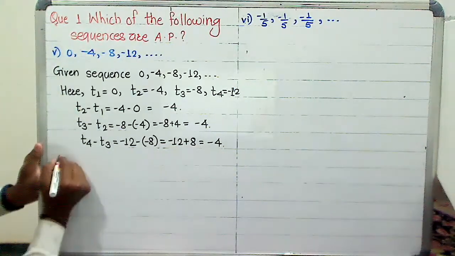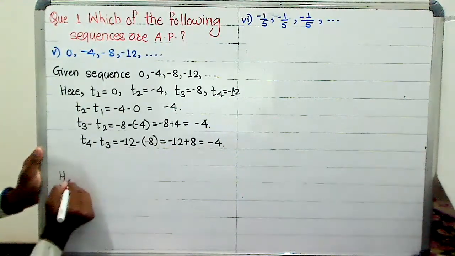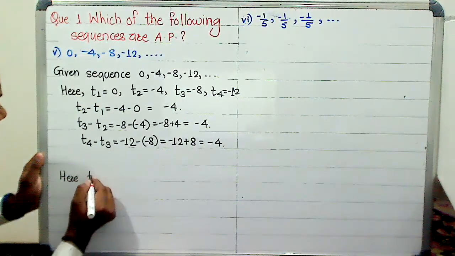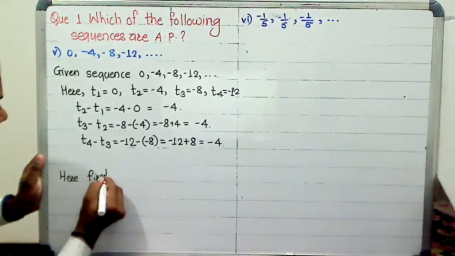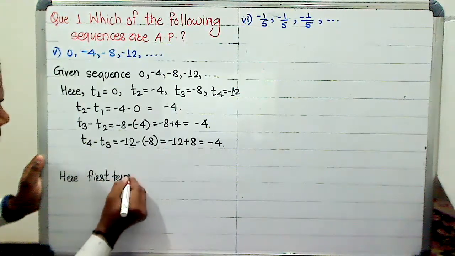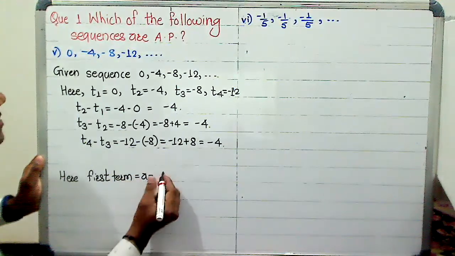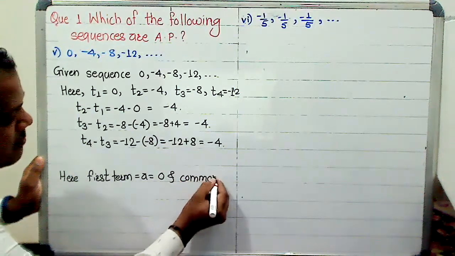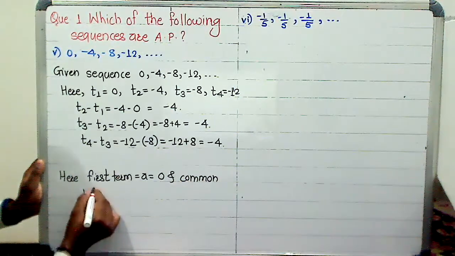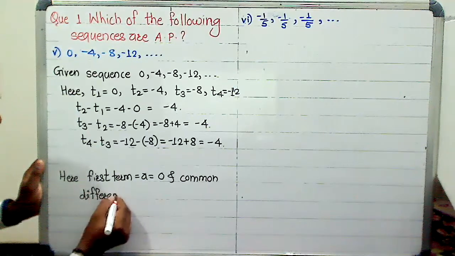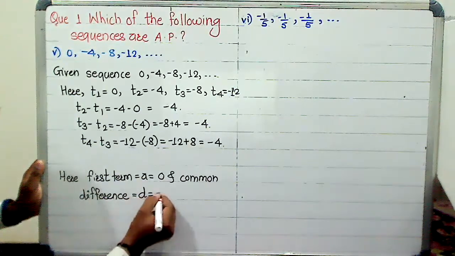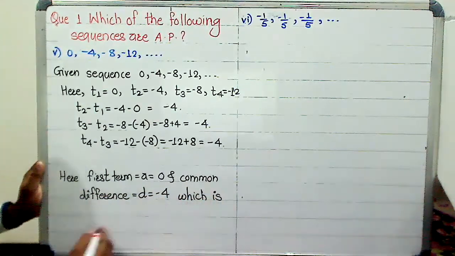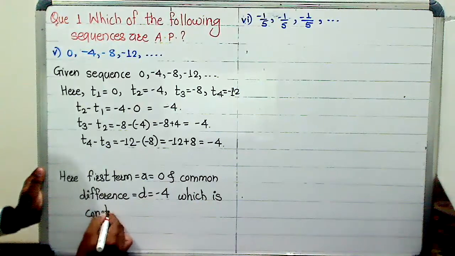So here, first term is equals to A is equals to 0, and common difference is equals to D is equals to minus 4, which is constant.